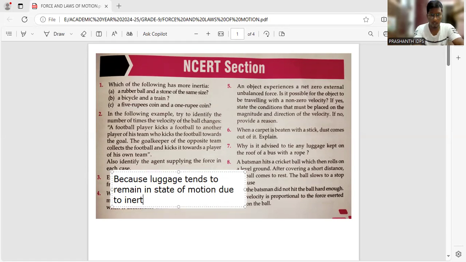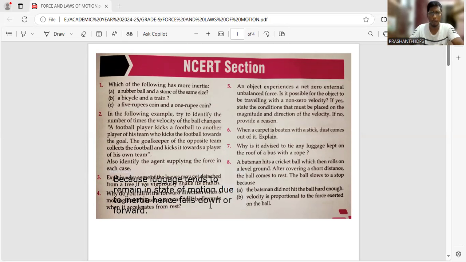Okay, inertia. Hence it falls down or forward. That is the reason we should tie it. Otherwise, luggage will fall down on the road. Okay, and you will be in the bus. This is the answer. I hope it is clear.